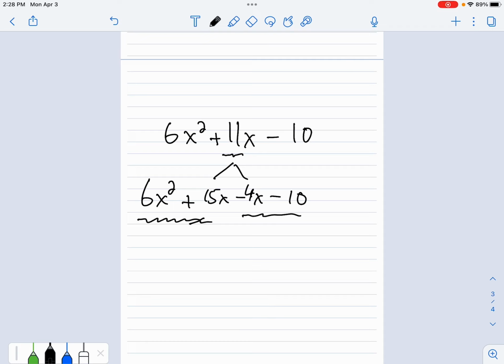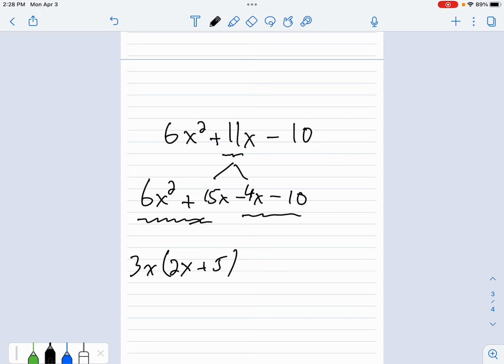With the first two terms, ask yourself what you can factor out of both, the greatest common factor. For 6x squared and 15x, that would be 3x. 3 is the largest thing that divides into both, and x is the largest power you can factor. Then you have 2x plus 5 left when you factor out 3x.